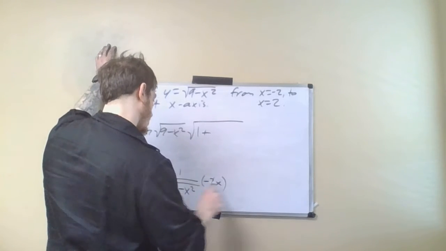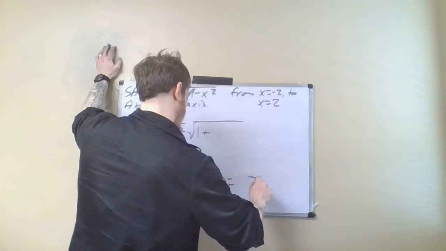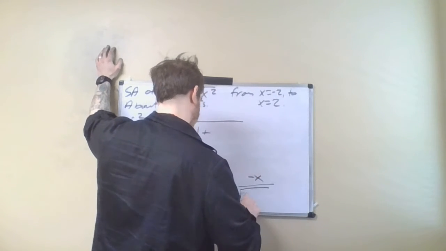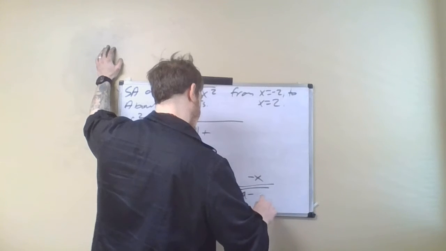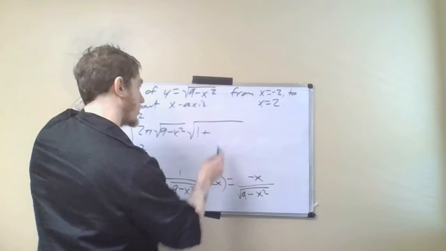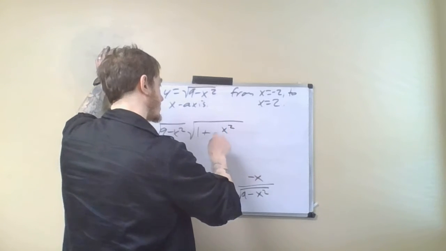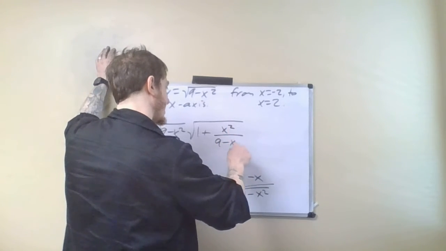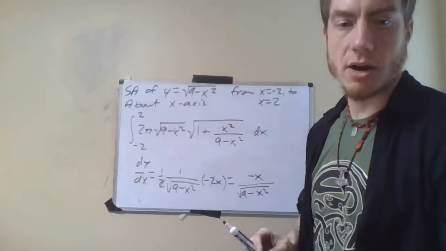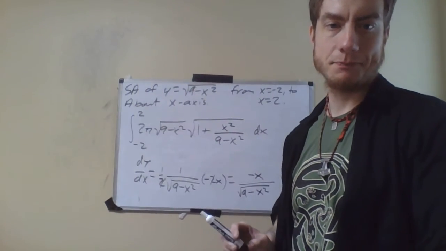So the 2's cancel and leave me with negative x divided by the square root of 9 minus x squared. And when I square that, this is going to become x squared over 9 minus x squared, dx. So there we go. We've got our integral set up here.